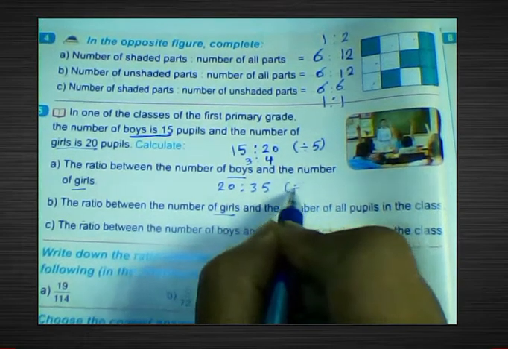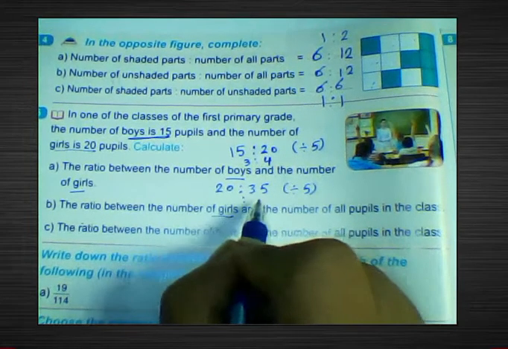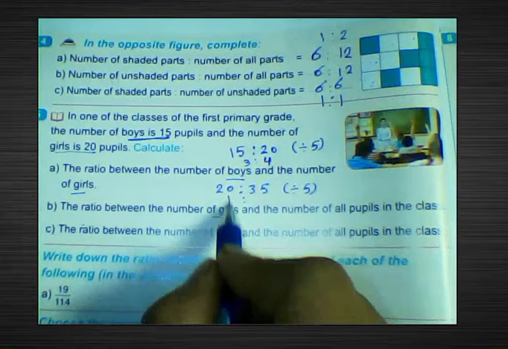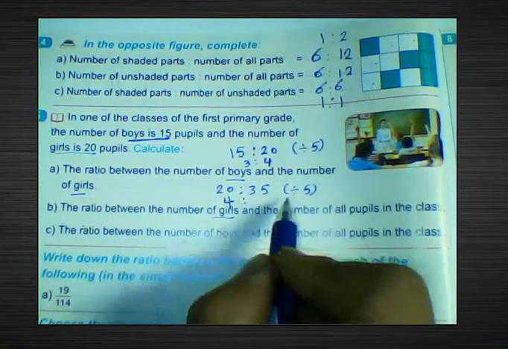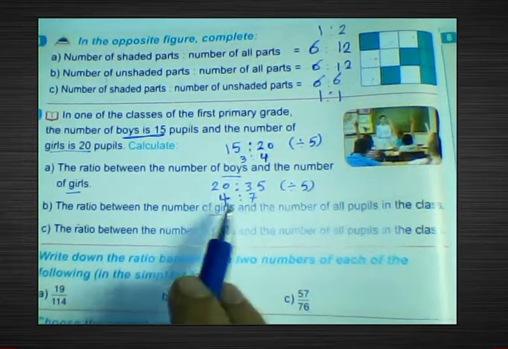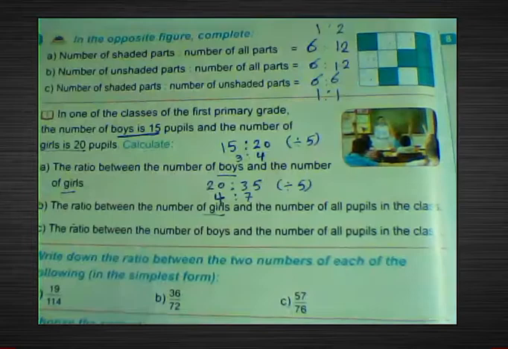So we can divide by 5, because 20 and 35 are in the table of 5. 20 divided by 5 equals 4, 35 divided by 5 equals 7. So the ratio will be 4 to 7.